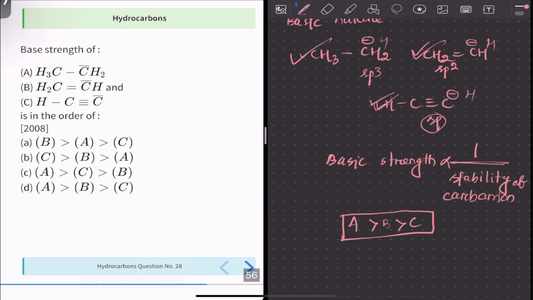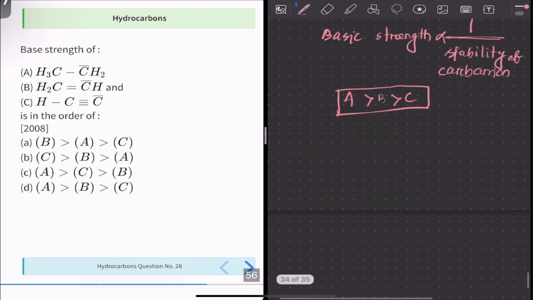So which will have the most acidic nature? The alkyne, so it will have the least basic conjugate base. CH3CH3 is the least acidic compound, so it will have a strongly basic conjugate base. Okay, so option D is the correct option here.